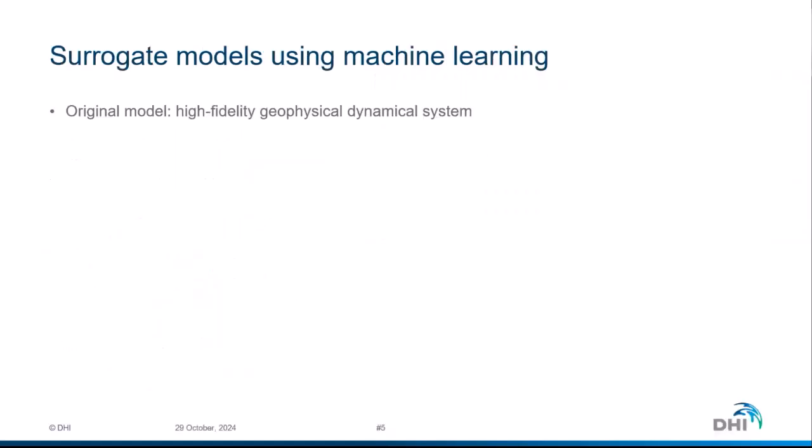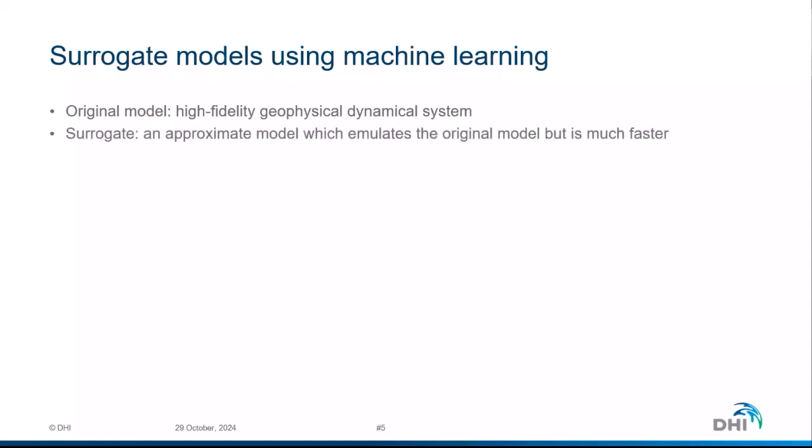The topic of the talk today is surrogate models, and the starting point here is some high-fidelity geophysical dynamical system like the one we saw on the previous slide. It could be Mike 21, Mike 3, or another Mike model, or another type of geophysical model. When we talk about a surrogate, it's an approximate model which emulates the original model but is much faster.